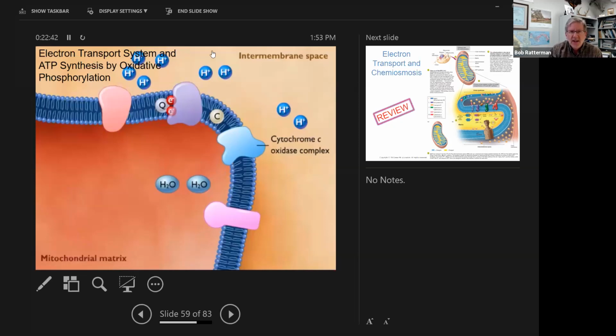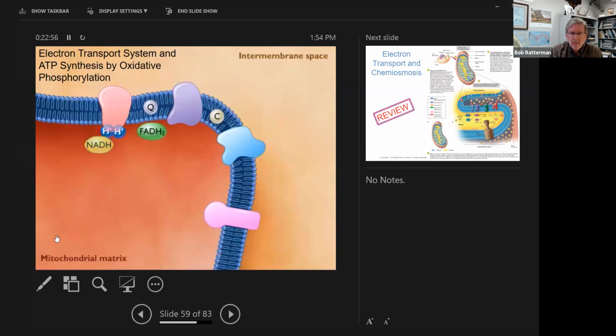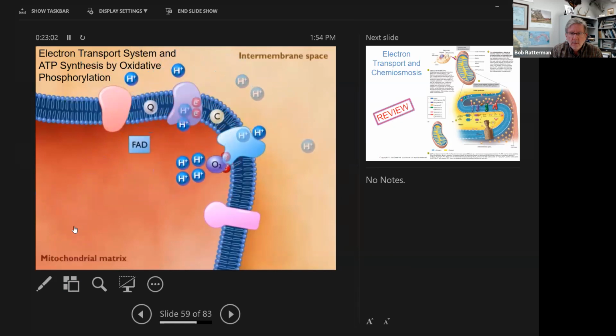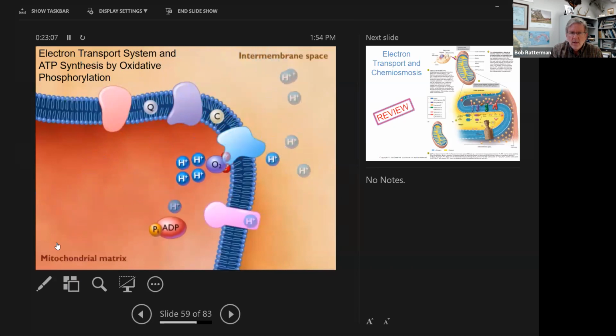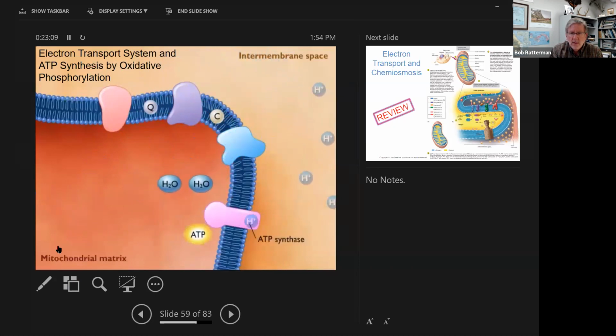Do you see how the hydrogen ions are accumulating outside in this space because of the flow of these electrons? That's what pushes them across. The transfer of protons generates a proton motive force across the membrane of the mitochondrion. Since membranes are impermeable to ions, the protons that re-enter the matrix pass through special proton channel proteins called ATP synthase.